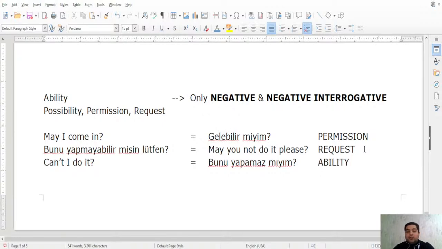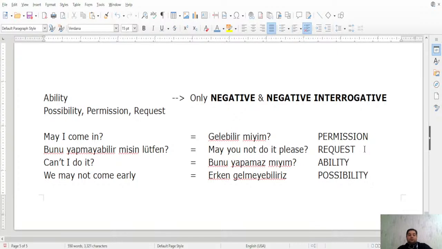Permission, request, ability, and let's give an example of possibility. We may not come early. Erken gelmeyebiliriz. This is possibility.